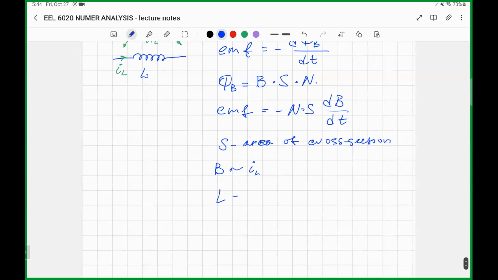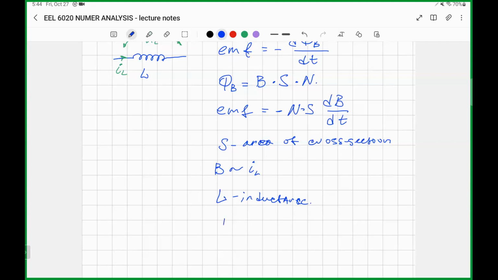This L, or inductance. So inductance doesn't depend on the current, it only depends on the geometrical parameters, shape and number of the turns of the coil itself.